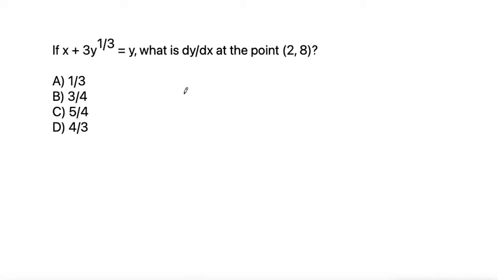Because this equation, (x + 3y)^(1/3) is equal to y, is not simple to solve for y and take the derivative with y by itself, we need to use the process of implicit differentiation.